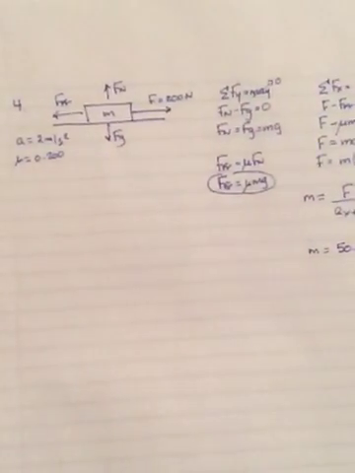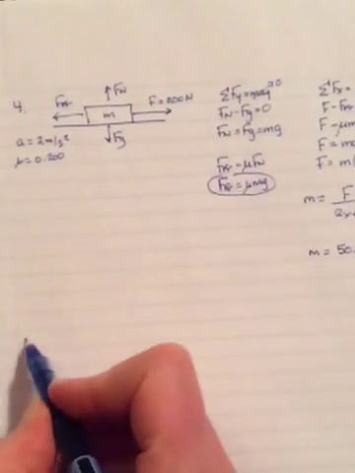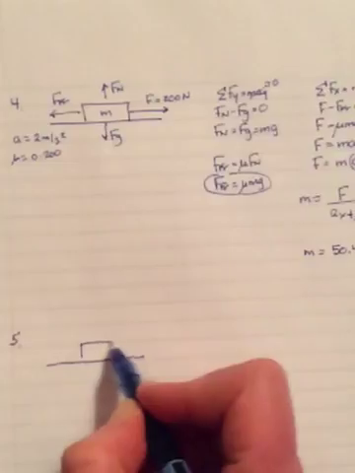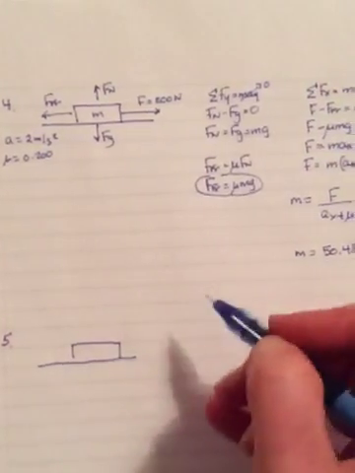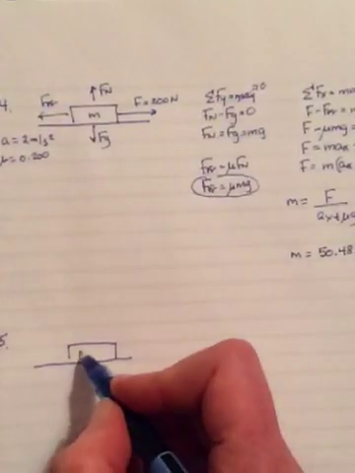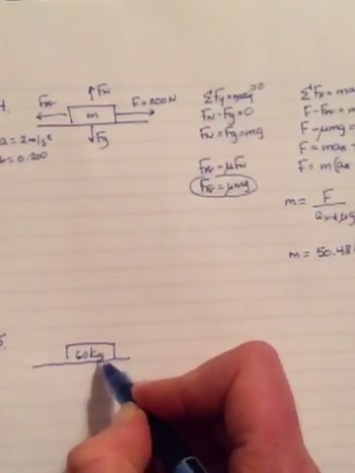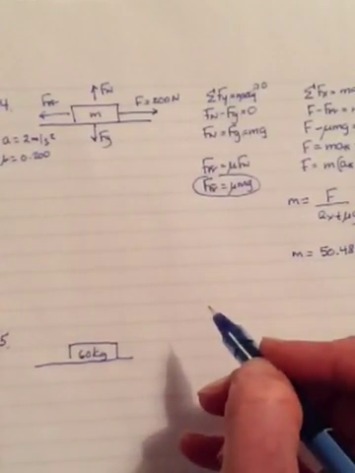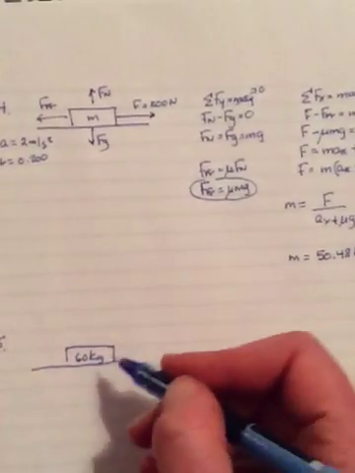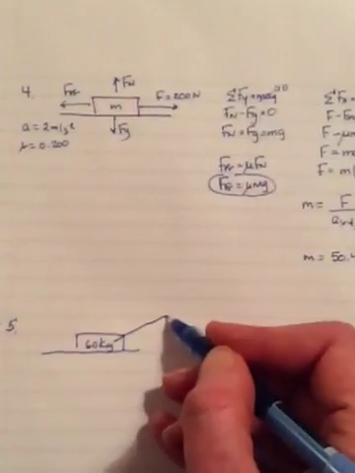Number 5 says, you're pulling a child on a toboggan across rough snow. So here's the toboggan, and you're pulling it. Total mass of the child and the toboggan is 60 kilograms. But then it says you're pulling on the rope with a force of 300 newtons at an angle of 36.89.